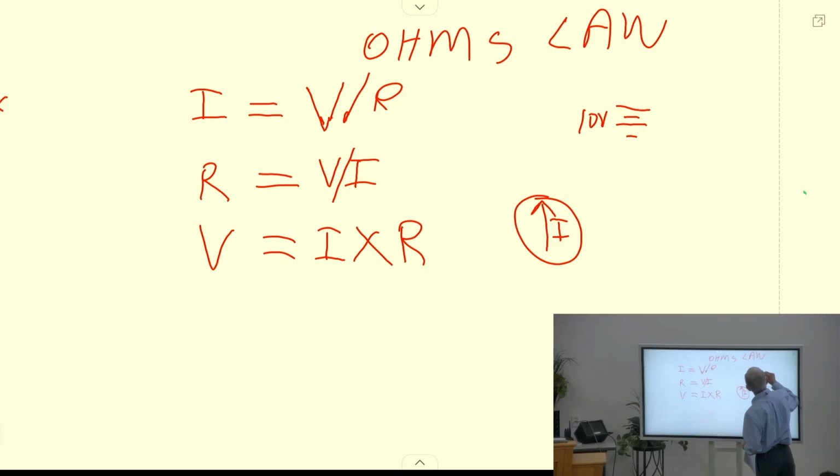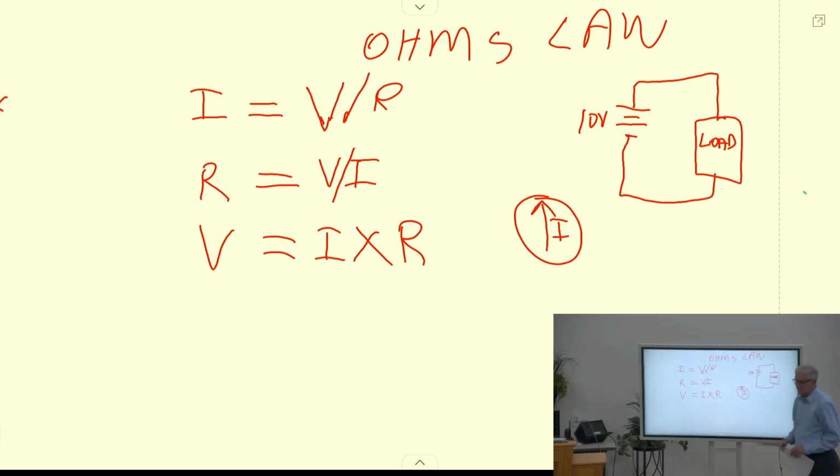It goes over to our load and comes back into the battery. We had a voltage source, so we're assuming it's an ideal voltage source. It can pump out as many amps as it wants. It always is 10 volts.